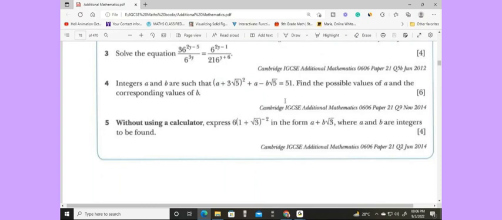So how are we going to handle this? First of all, we'll expand this equation, and then we'll collect the irrational terms on one side and rational terms on the other side, and then we'll try to sort it out. Okay, let's try to do that. Let's try to see.